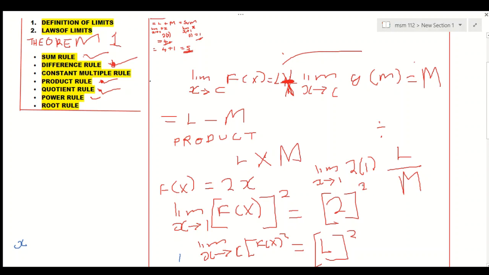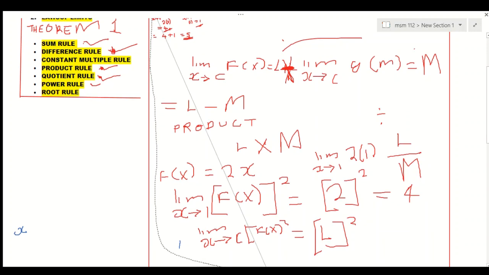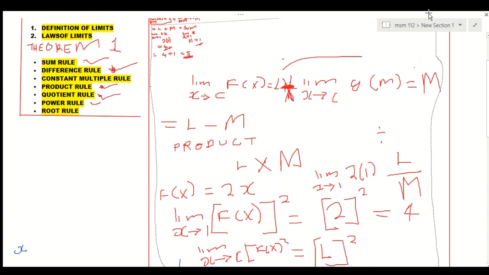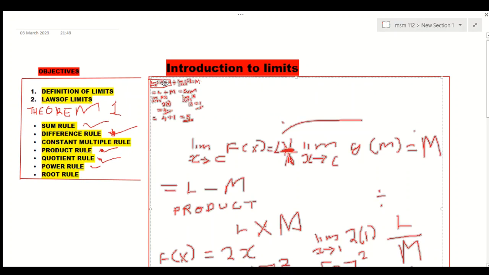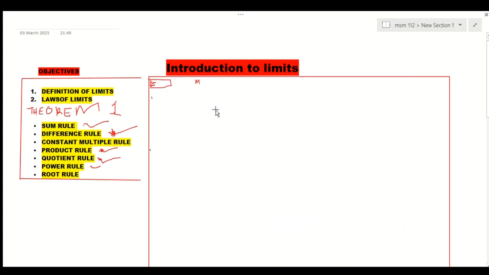Find the limit first, then you square the limit. So in this case here, the answer is what? 4. That's the power rule. It's very simple. You don't have to be stressing. Just pray that you know how to play with your mathematics very well. Remember each and every basic you've been given from grade 1 up to where you are.